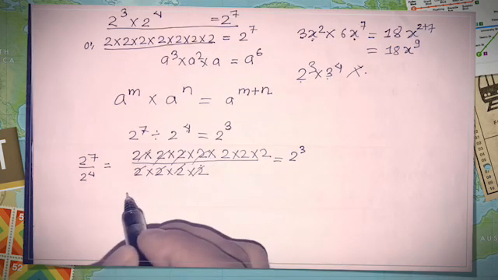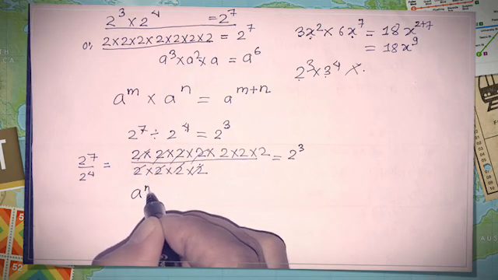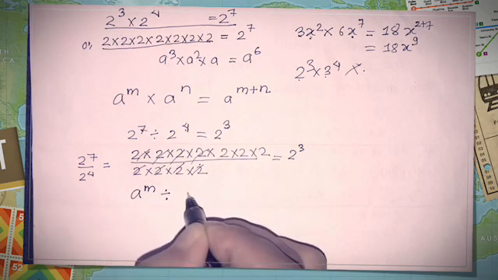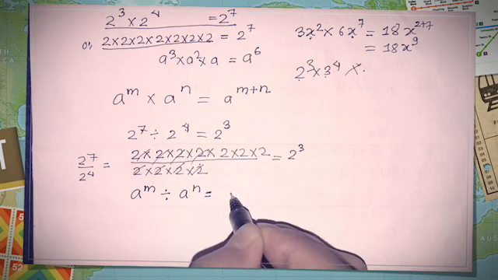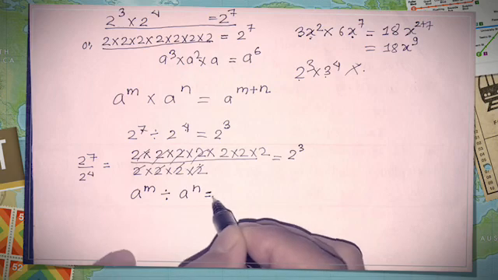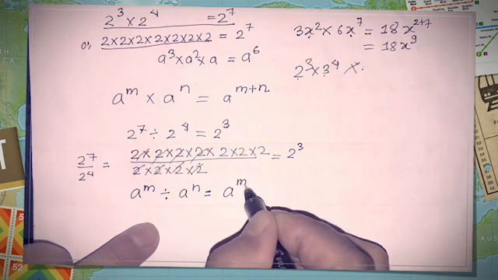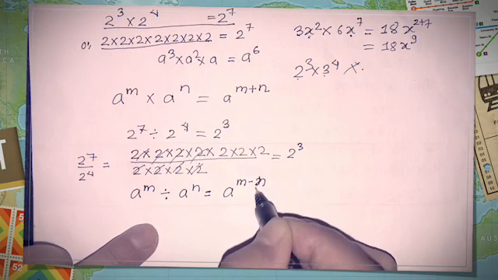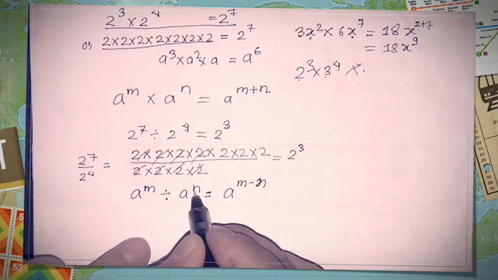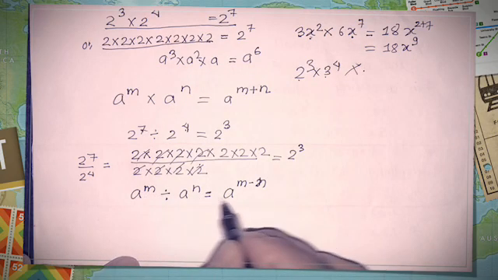Okay, and we can make a formula for the law of dividing indices. That means when they are divided, then the power is subtracted. Okay, so the second power n is subtracted from the first one.